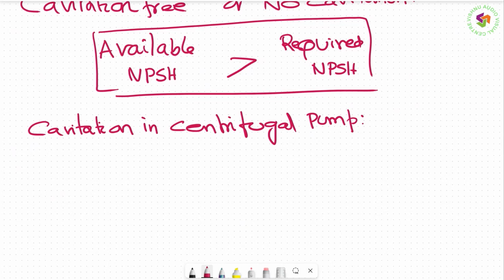But from there, when the water is lifted and moves upward, the pressure goes on decreasing and will be minimum at the inlet of the pump. So we should see that the pressure at the inlet of the pump should never be equal to or less than the vapor pressure of the flowing fluid.